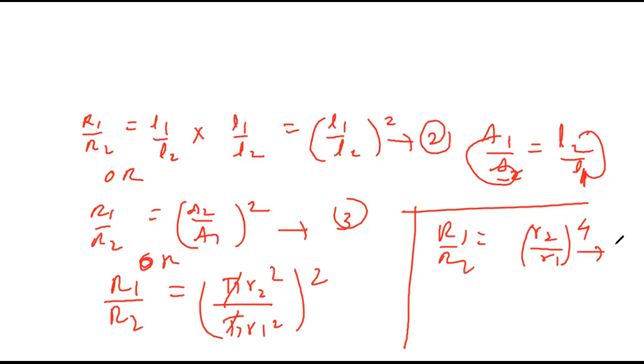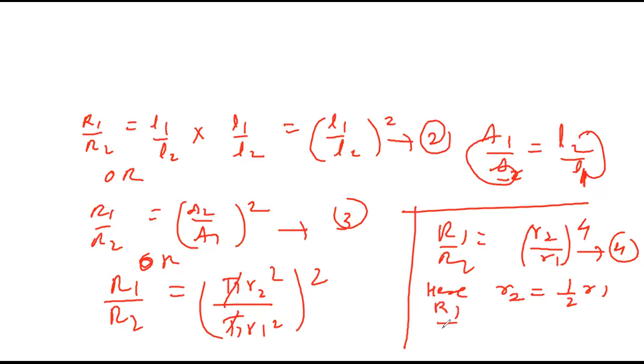So we have got now three formulas when wire is stretched. R1 upon R2 is L1 upon L2 square. R1 upon R2 is A2 by A1 square. R1 upon R2 is r2 upon r1 raised to 4. In our case, they are saying length is L, radius is r, resistance R, wire is stretched so that radius of cross section becomes half.